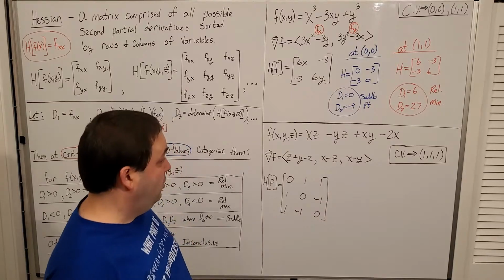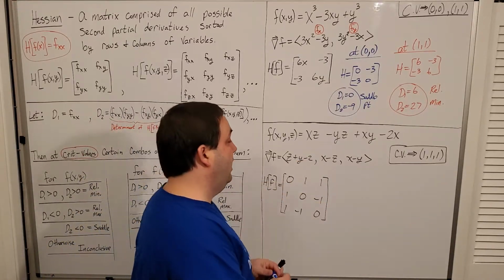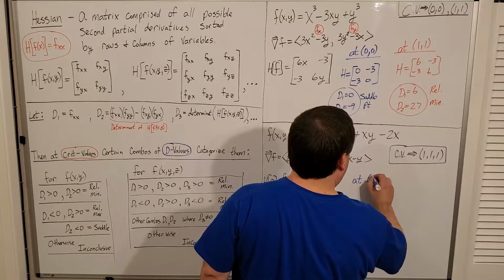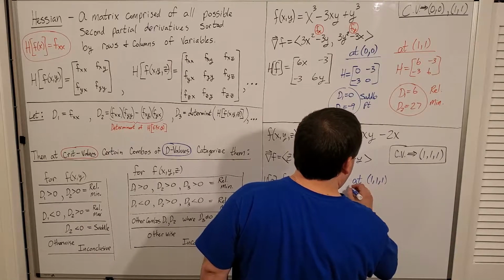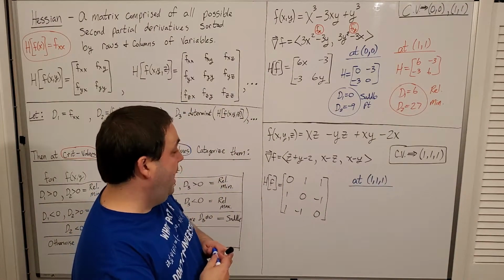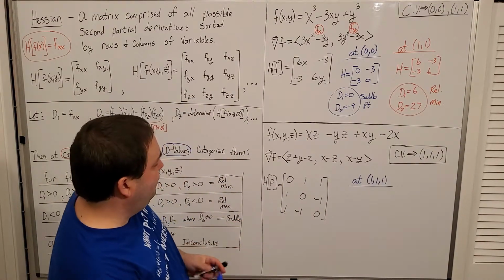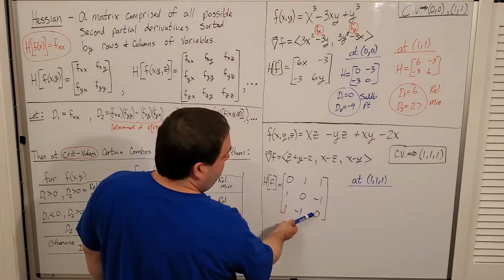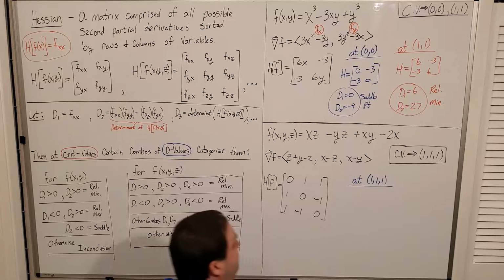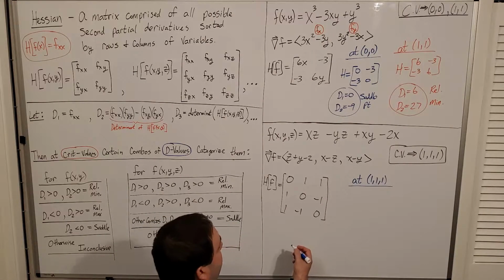Okay, so we only had one critical value this time. We had 1, 1, 1. Okay, so I would say, at 1, 1, 1 like this, but I'm not plugging in anything, so it doesn't matter. And what I'll be doing is taking the D determinants here, okay? But D1 and D2 are straightforward, obvious.